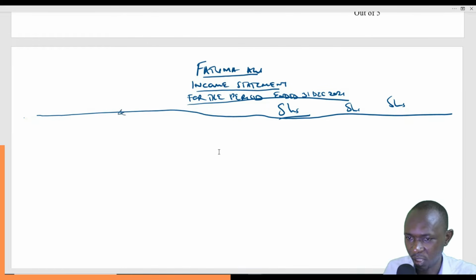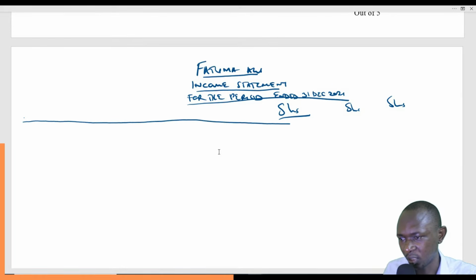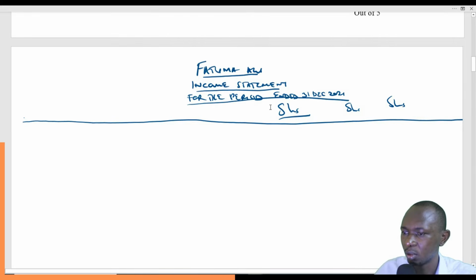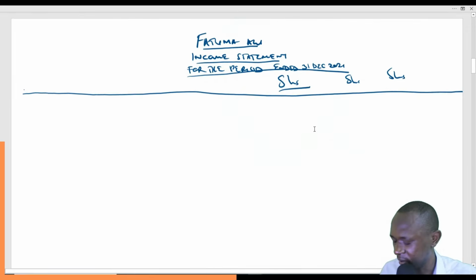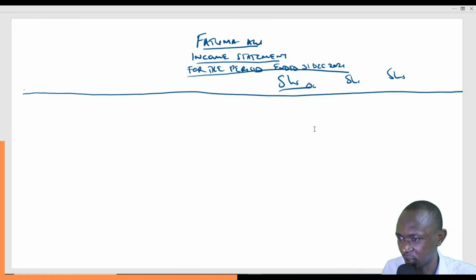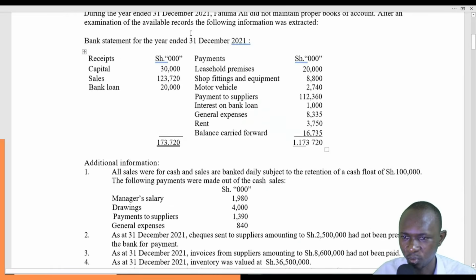Let me just draw another better line for the sake of it. I guess I'll get it right this time round. Good. Yeah, so there we go. And you can also choose to restrict the zeros, which is a good thing. In fact, from the question, they have restricted the zeros. So restrict the zeros at this point in time.